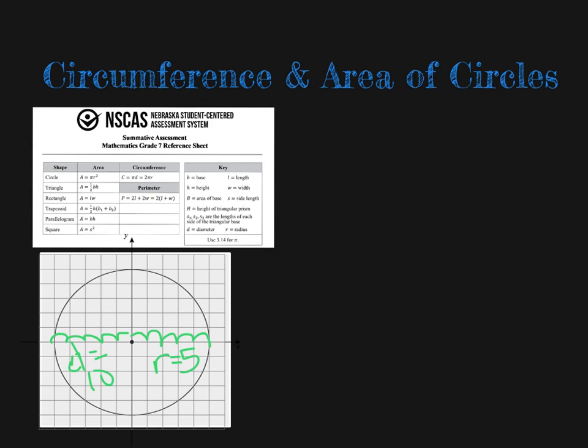So to start, let's do circumference. Again, I go look at circumference on my cheat sheet, and there it is. Circumference is equal to pi times diameter. Remember, you can do 2 times pi times the radius. My favorite is to do pi times diameter because it only involves multiplying 2 numbers. But then I'm going to substitute 3.14 times my diameter, which is 10.